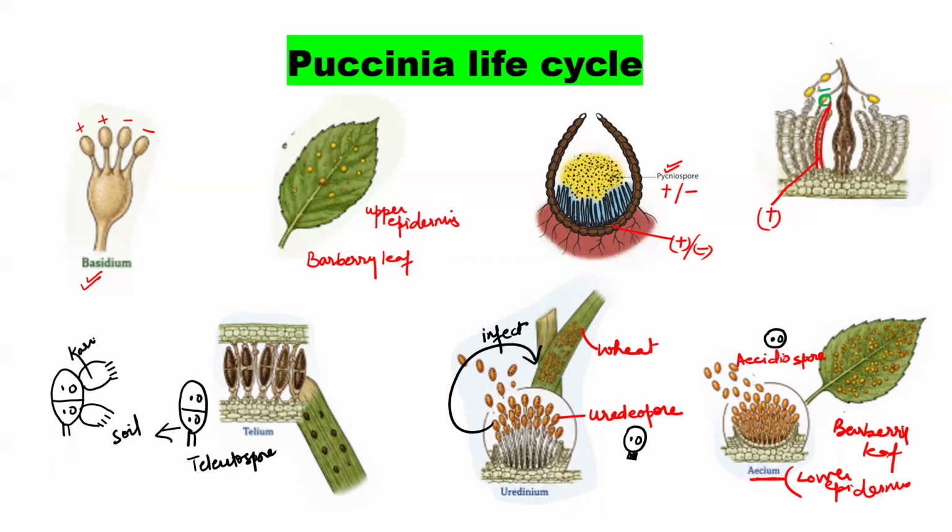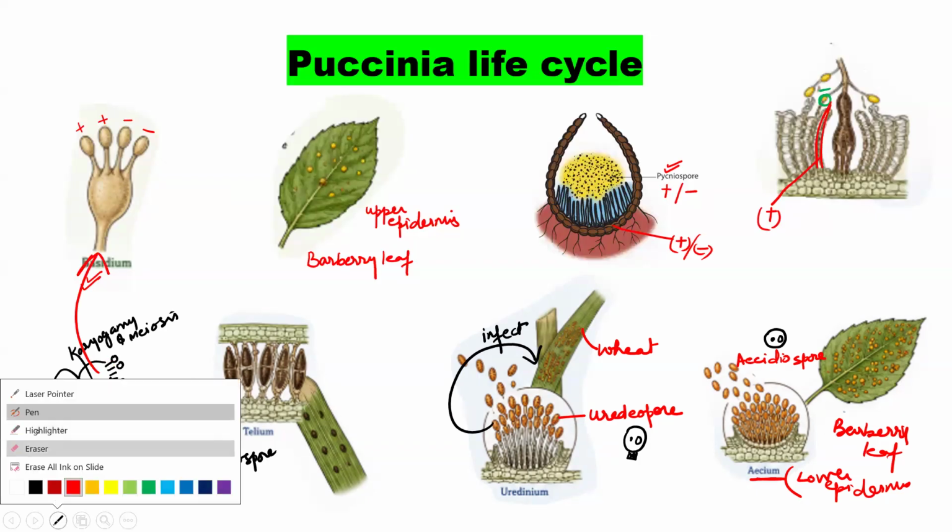Karyogamy will occur and then meiosis will occur. And finally, four spores are produced, either plus or minus. Clear? Plus or minus. And the diagram you are seeing here is of one basidium we have taken. So if you want to check, please check carefully.